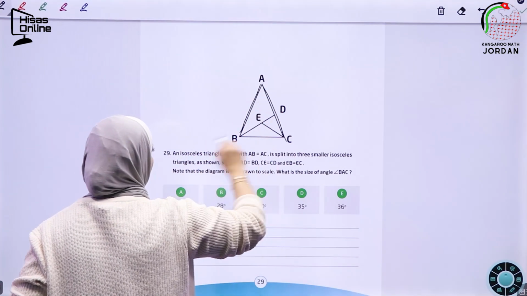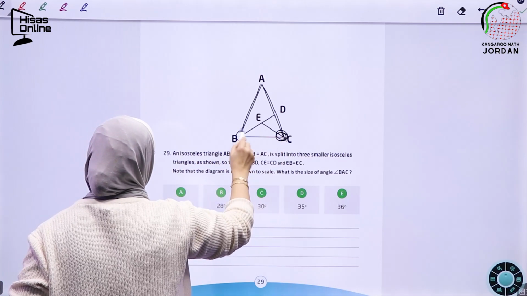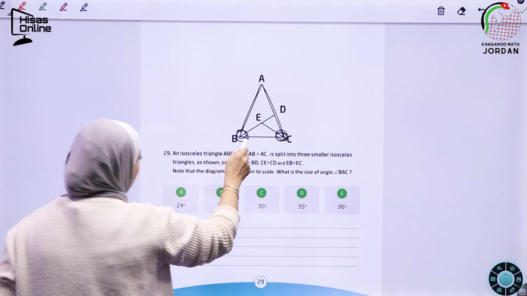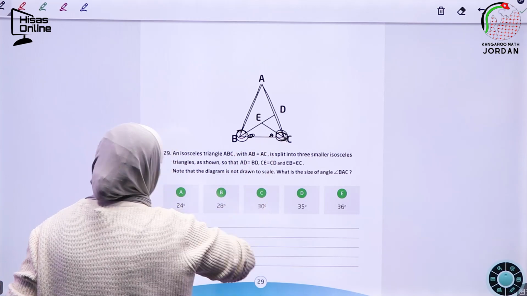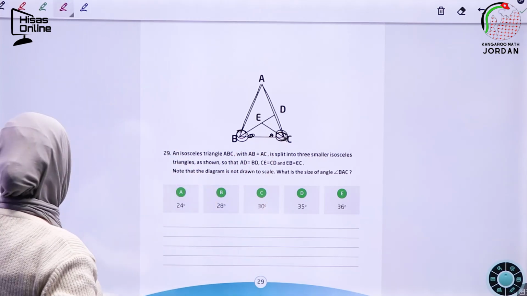Let's see. Here we go. This is an isosceles triangle. So in total, this one is equal to that one. That means this part is the same as this one. Let's see how we can use this.